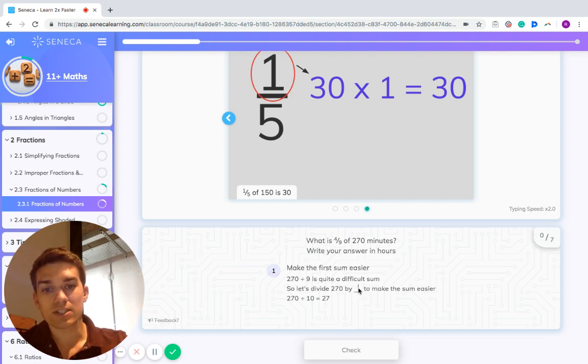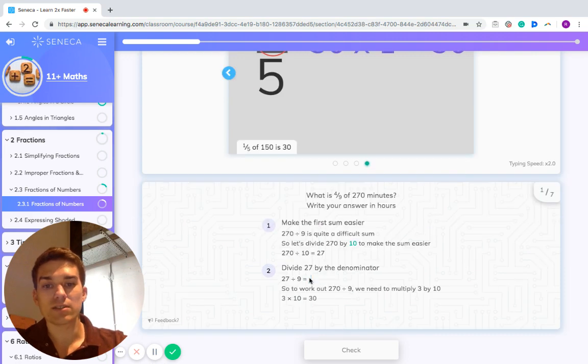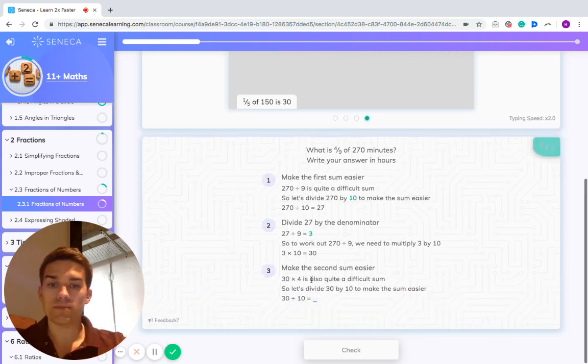If we're going to do that in our head, we should make it a bit easier by dividing by 10 first to make it 27. Then we can do 27 divided by 9, which is 3. But we then need to multiply it by 10 again to get the full number. If we divide by 10 here, we need to then multiply by 10 to make the answer correct.